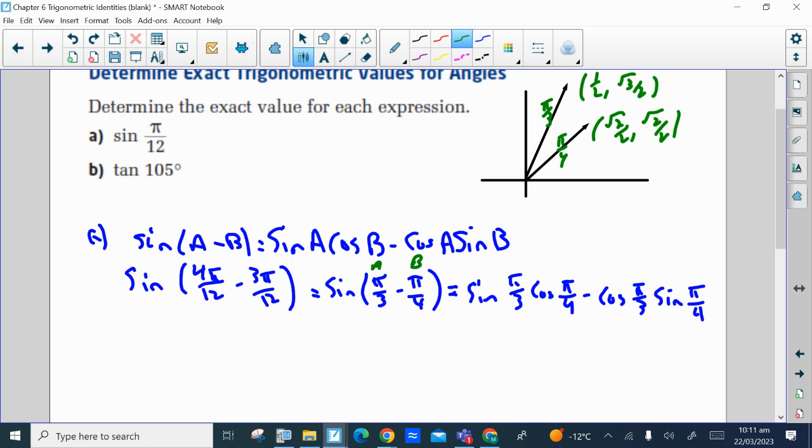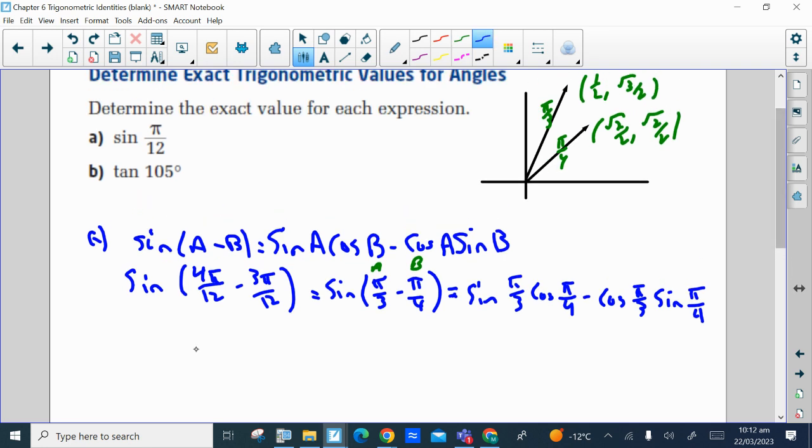Remember, you can get that using that hand trick, right? So pi on 4, that's your middle finger. It's the root of this many fingers over 2, the root of this many fingers over 2. Root 2 over 2, root 2 over 2. Okay. At pi on 6, that's the finger next to your thumb, root of 1, which is 1 over 2, comma, root of 3 over 2. So that's where those values come from.